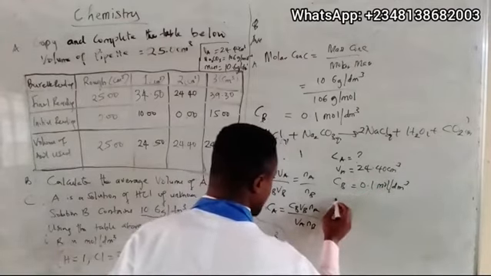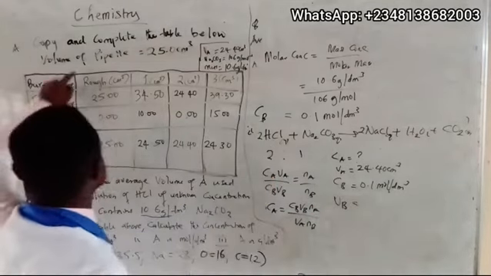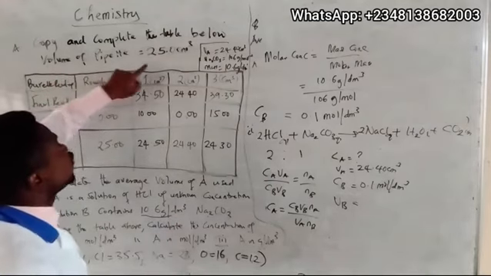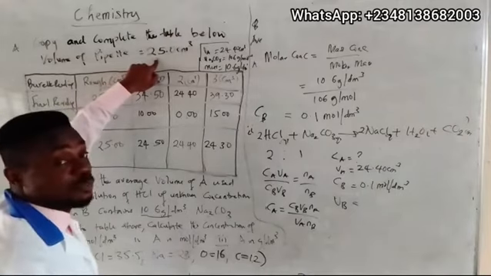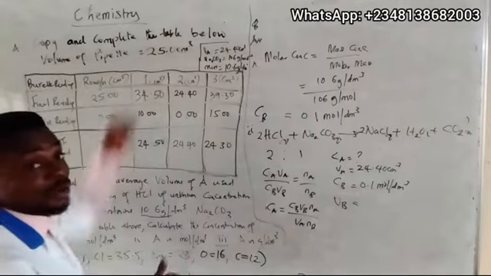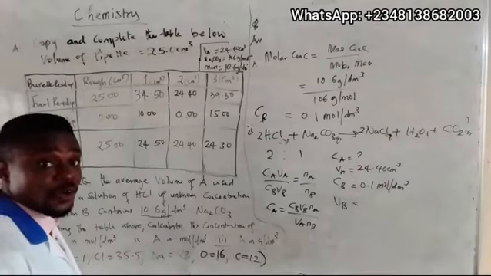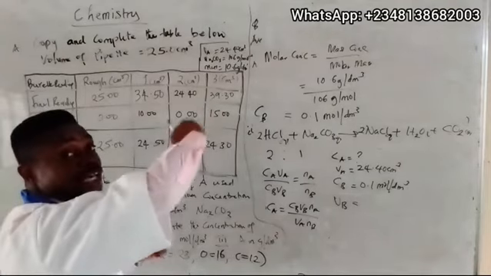Then Vb, remember Vb is the volume of the pipette. With the pipette we take 25.0 cm cube of the sodium carbonate before the titration and put it in the conical flask. The acid will be in the burette.